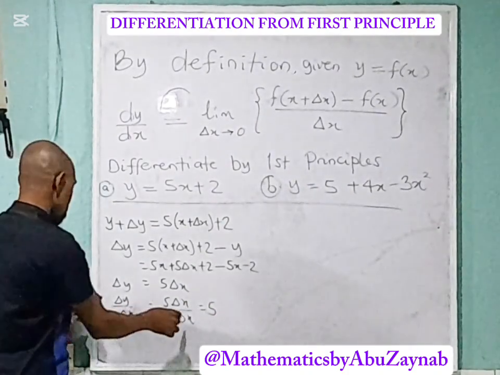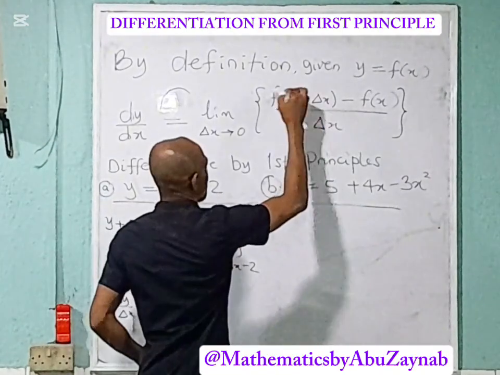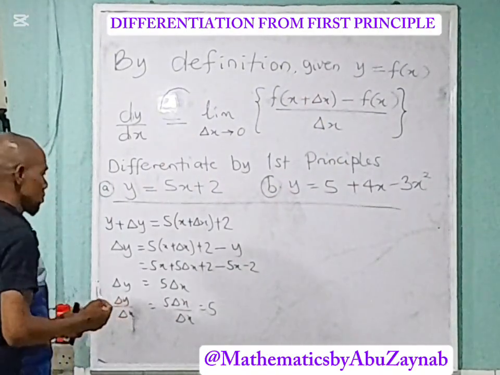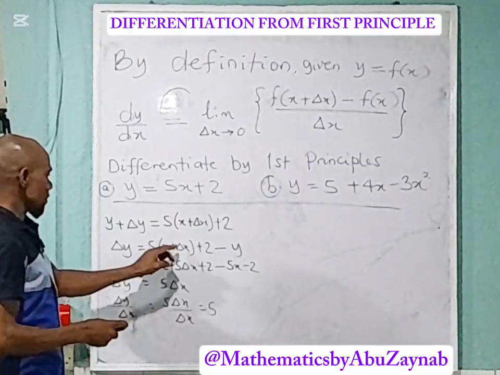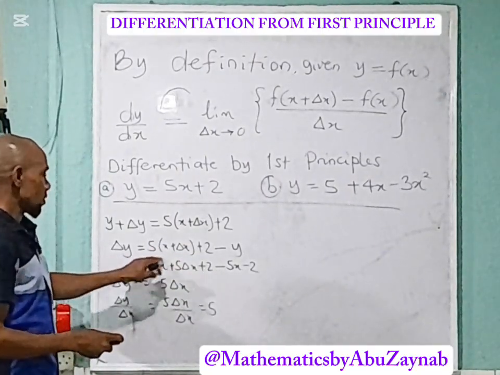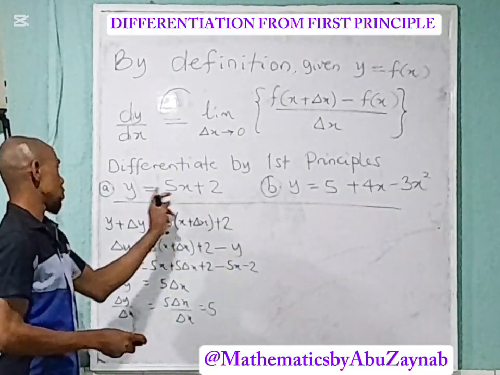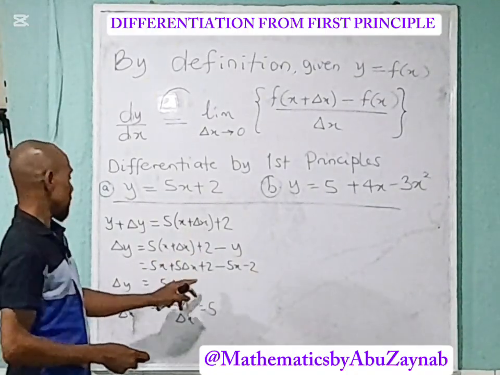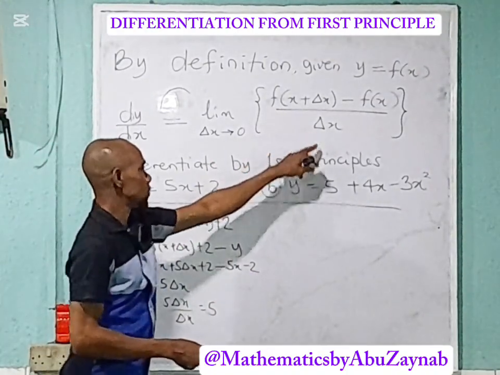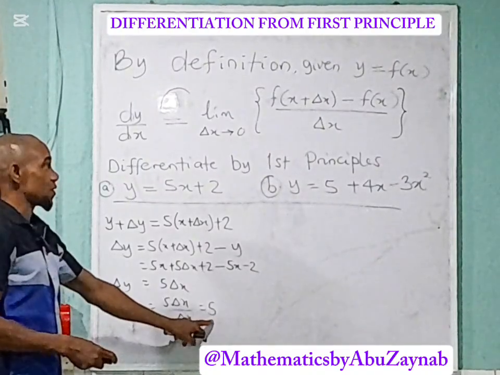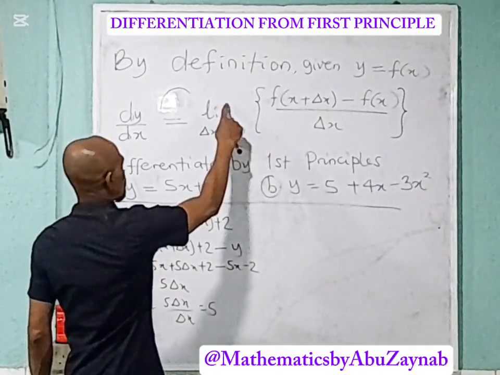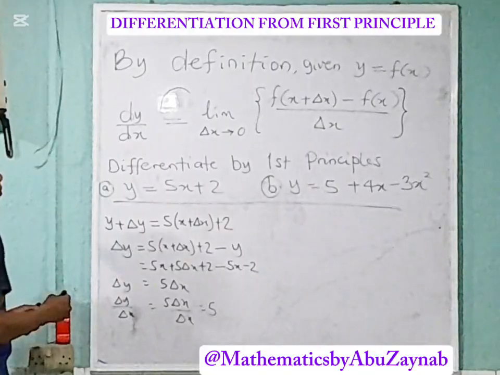So what we have done up to this point is simply the contents of the bracket, which is f of x plus delta x up to this point, then minus f of x, which is actually y. And then after the subtraction, we now divide through by delta x, and we are here. So the last thing we now do is to set all these parentheses to limit.